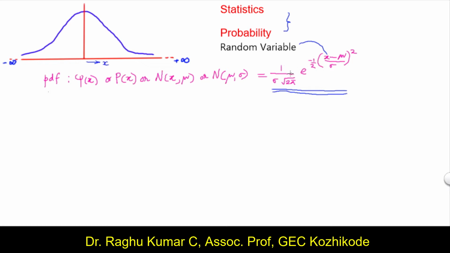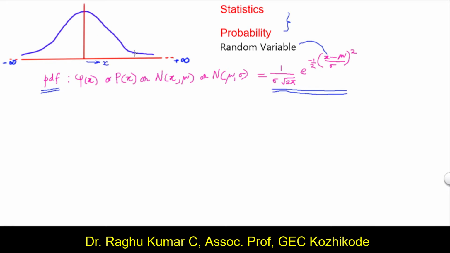Anyway, this expression, that is 1 by sigma root 2 pi, is a factor. In order to make the area below the bell curve equal to 1 whenever you are talking about probability density function, the total probability is equal to unity.